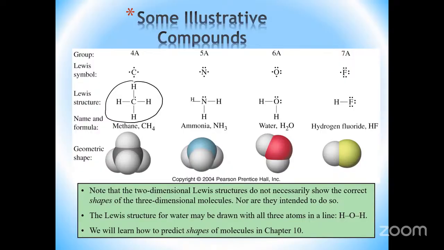As you can see, this carbon atom has 8 electrons on its outer shell, and the hydrogen will have 2 electrons. In the case of nitrogen, there are 3 bonding pairs of electrons surrounding the nitrogen and a lone pair on the nitrogen atom. In the case of water, you have 2 bonding pairs and 2 lone pairs. In the case of hydrogen fluoride, you have one bonding pair and two lone pairs on the fluorine. That's just to highlight the difference between bonding pairs and lone pairs.